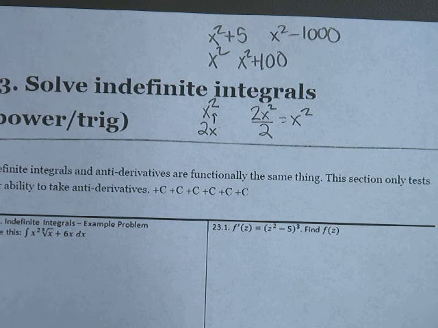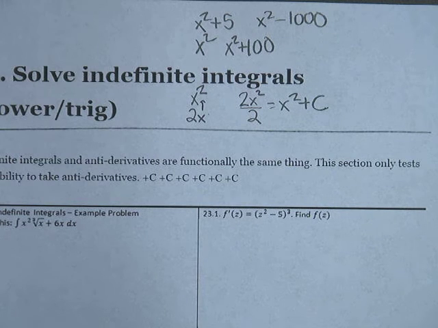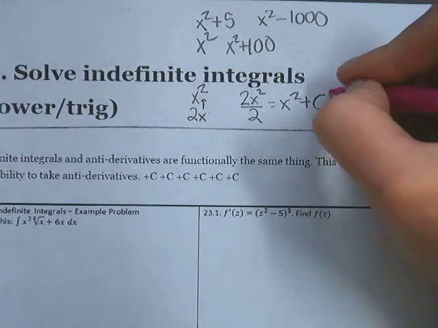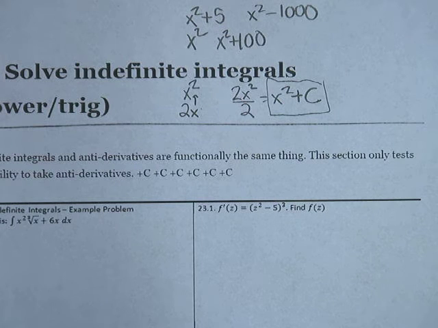So there's a constant there, and we don't know what it is. We have to leave the fact that there could be any constant added on there, and all of those things have a slope of 2x. So it's desperately important that you remember to do this plus c anytime you have an indefinite integral.